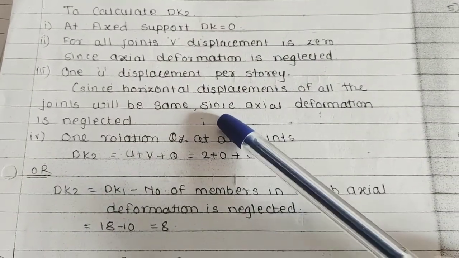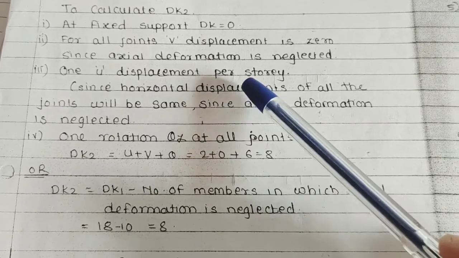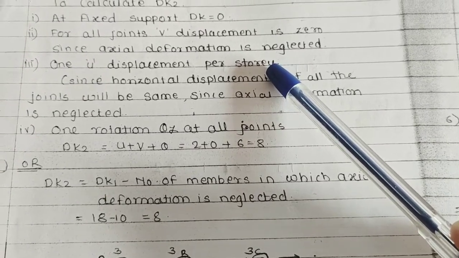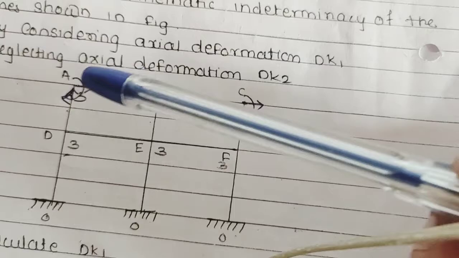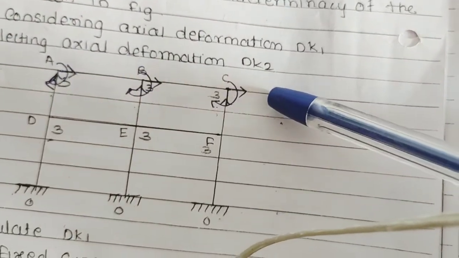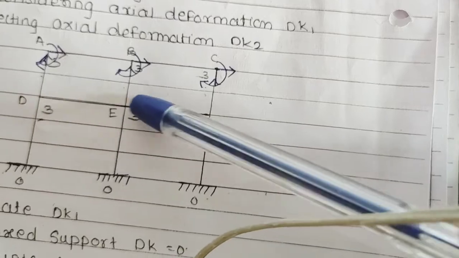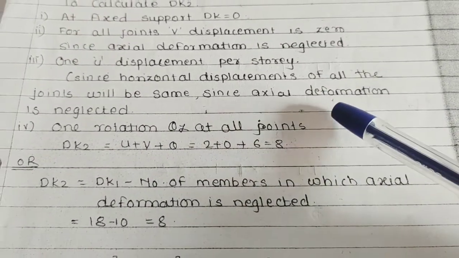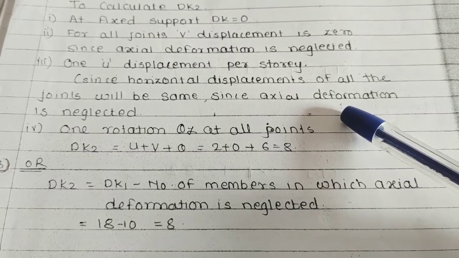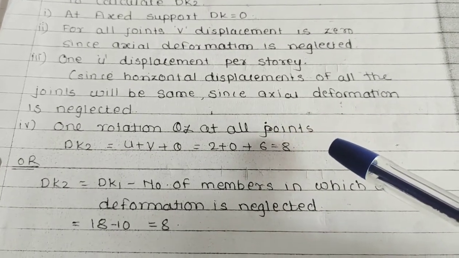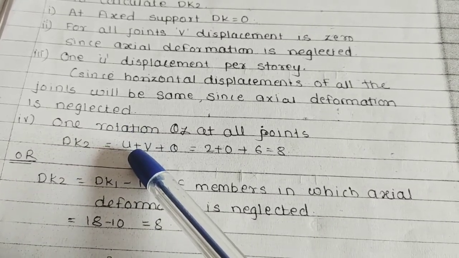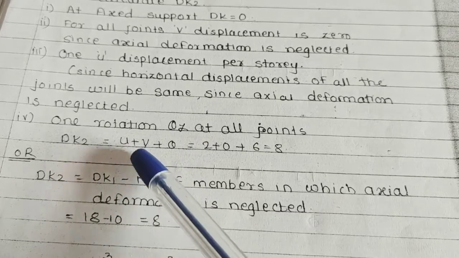And you have to consider the horizontal displacement per story. Here 2 stories are there, means the horizontal displacement for the first story is considered as 1 and for the second story again 1. You have to add all these displacements. Here u, the horizontal displacement for a particular story, is equal to 2 for 2 stories.